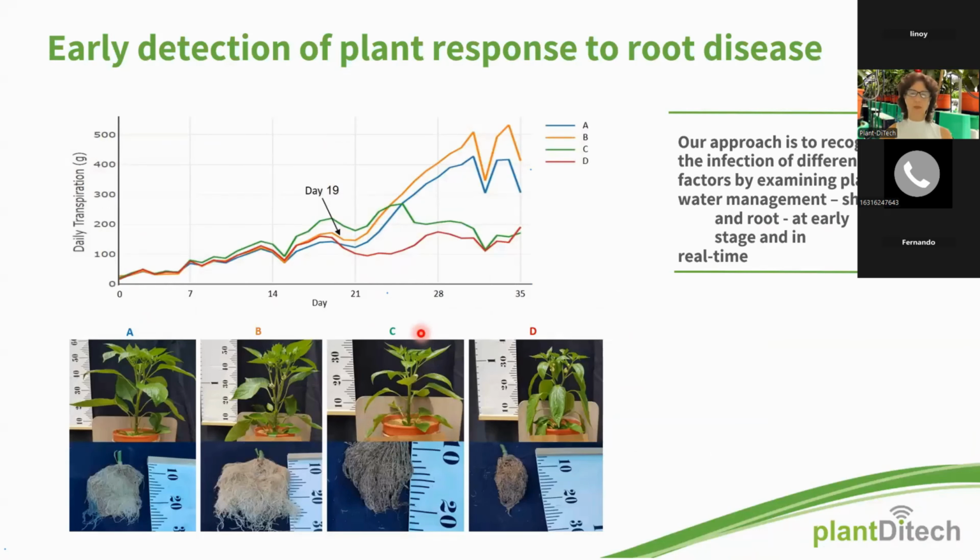Here, after day 19, when these pictures were taken after day 35, without taking these roots out, it was very hard to detect that there is something going on with this plant. And already 2 weeks before, you could see it in the system data.